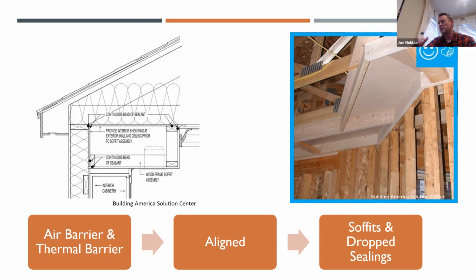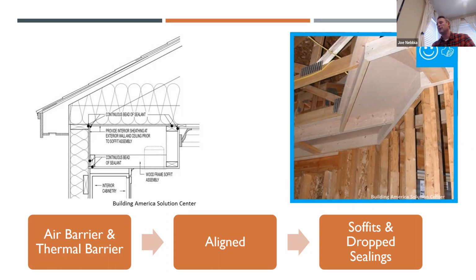The thermal barrier is actually on the other side of the soffit. And so that's important to make sure that I've got that air sealing there so that I don't end up with ineffective insulation or ineffective air sealing, because I don't have those 2 things together.